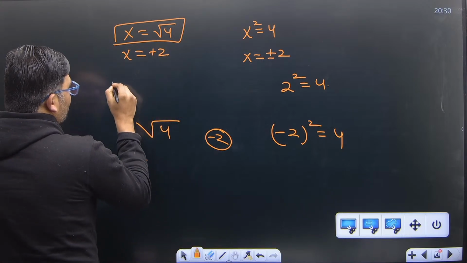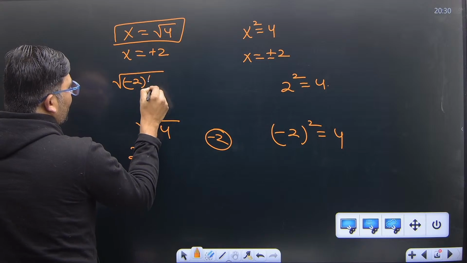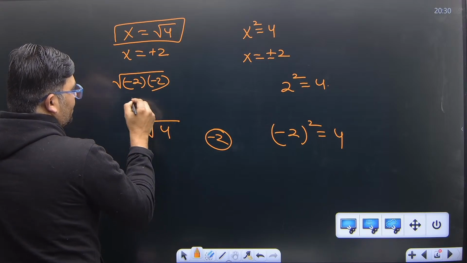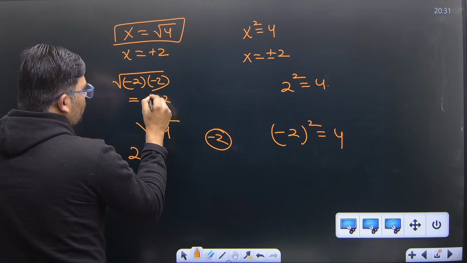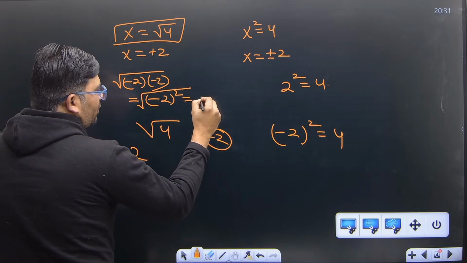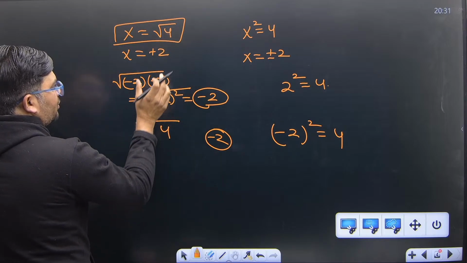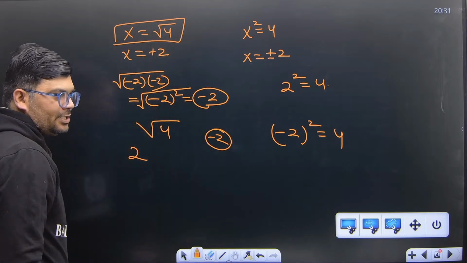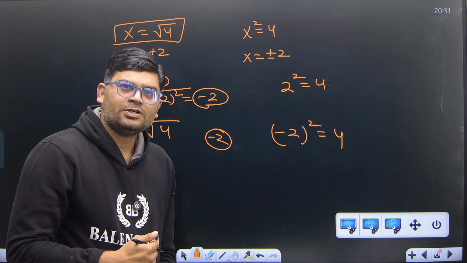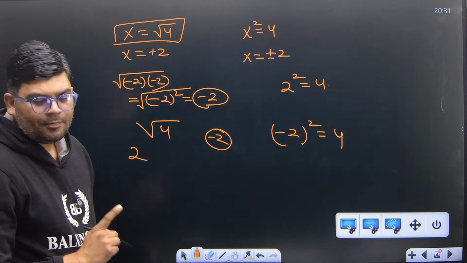Why? Because minus 2 into minus 2 is minus 2 square, which is 4. But if it is 4 inside the root, I can get only one answer, that is the positive one.